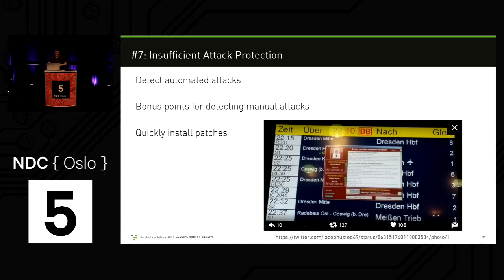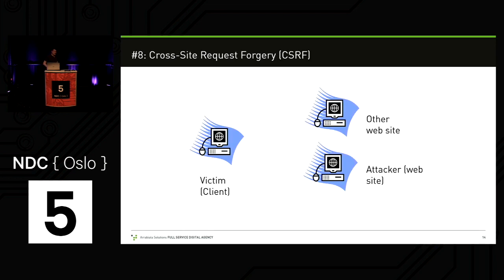All right, the next thing is cross-site request forgery. Cross-site request forgery is an interesting beast because it's only on number 8, and it's so dangerous. I think most of you are aware of it, but just to quickly reiterate what's happening there.